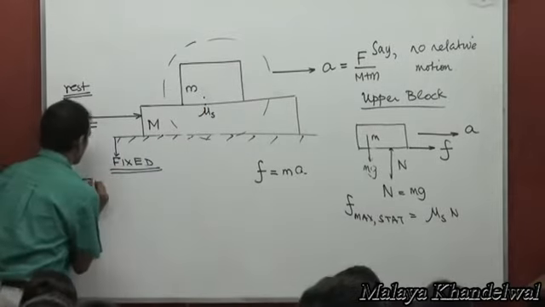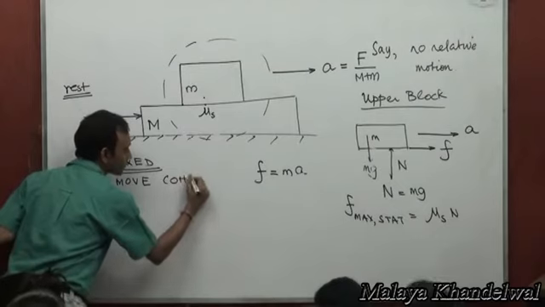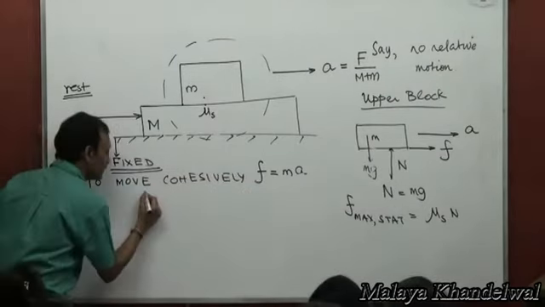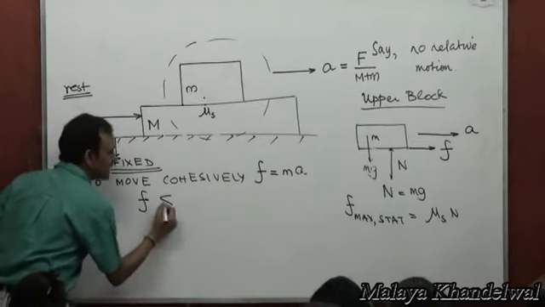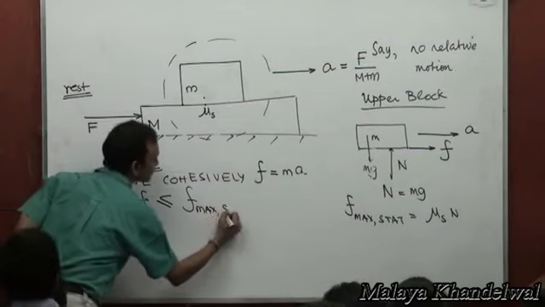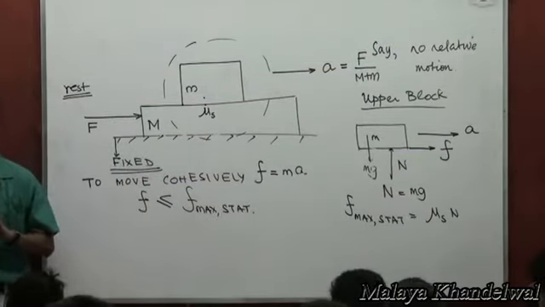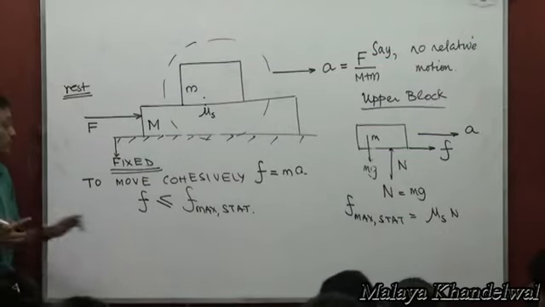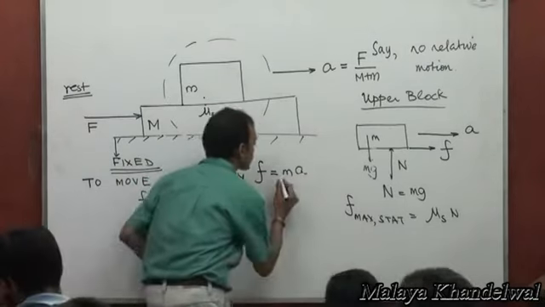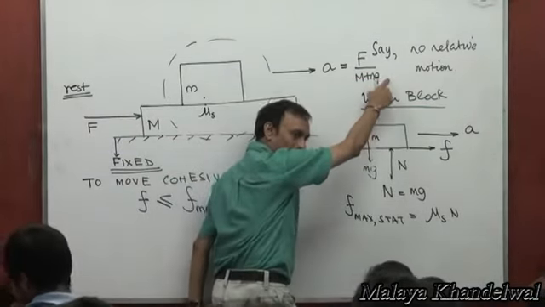So then, to move cohesively, f must be less than or equal to f max stat. Right? But what is f? f is m into a. A means capital F by capital M plus small m. Right?